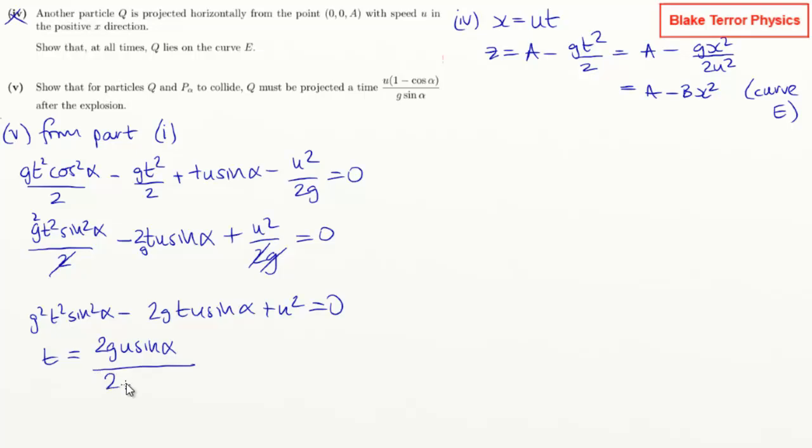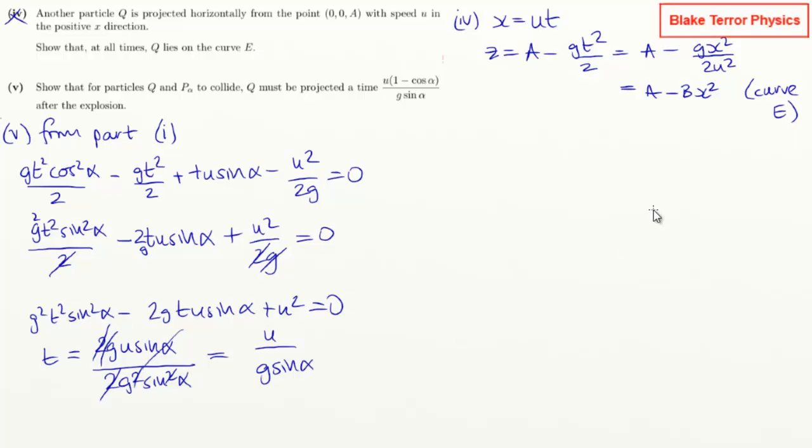And then we'll have a 2G squared sine squared alpha. So cancel those, and we've got U over G sine alpha. So that is how long it takes for P to get to E.